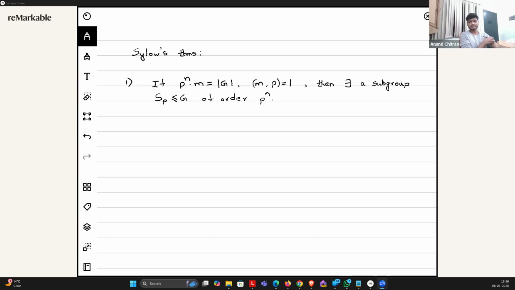Okay, that's the first Sylow's theorem. There are variations, but let's fix this to be the first Sylow's theorem. Okay.